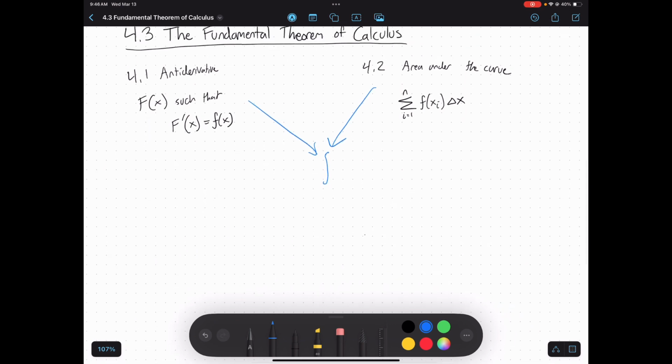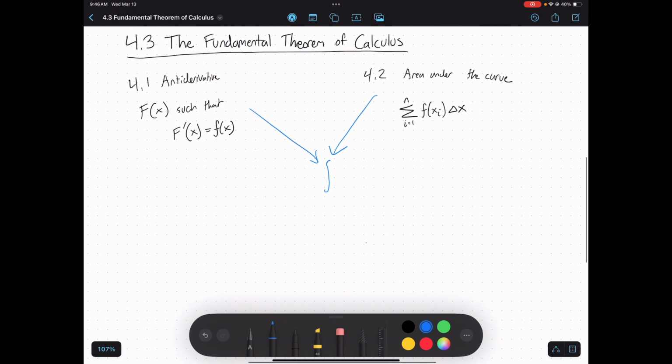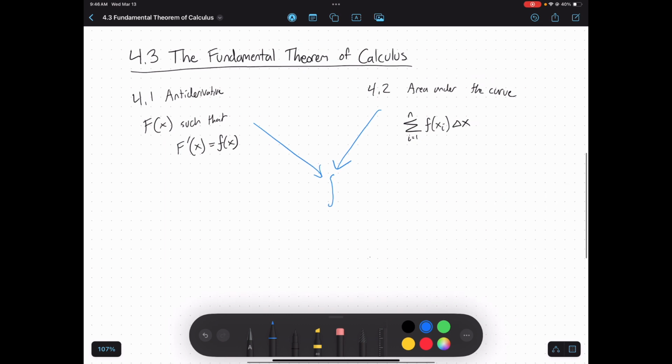In our last video in 4.2, we talked about how if I use more rectangles, I can get a more accurate estimation. The more rectangles I have, the more accurate my estimation is going to be.